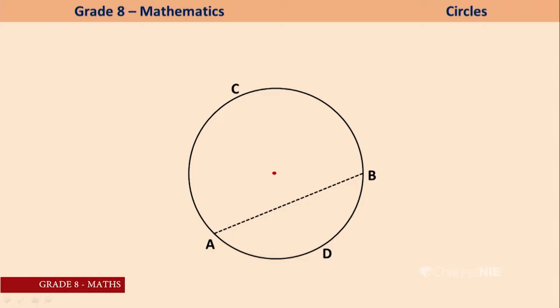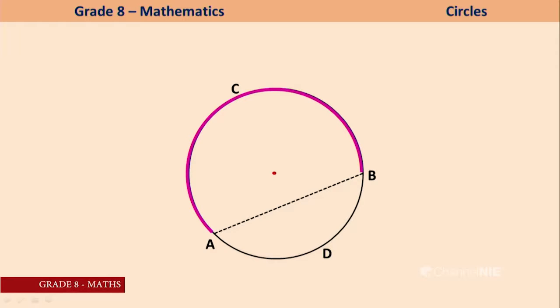Now, when we think about the curved line of this circle, ACB curved line, this curved line you can call arc. This curved line, that means this arc is greater than the other arc.